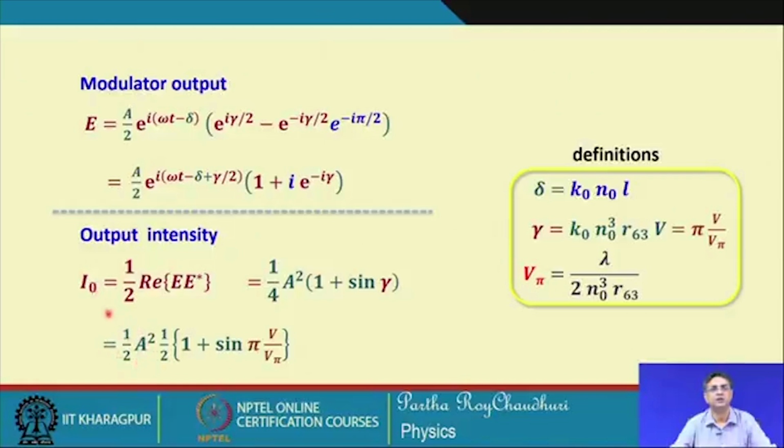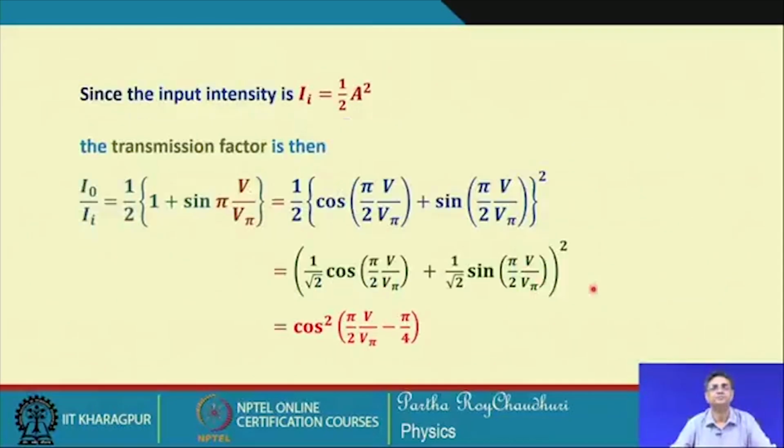So, I 0 equals I input into half of this quantity, and this is the definition which we have already used. K 0 n 0 L represents the fixed phase, in the absence of any electric field, which is carried because of the travel length L of the two polarized lights. Gamma is the phase which is induced because of the voltage, and V pi is the switching voltage.